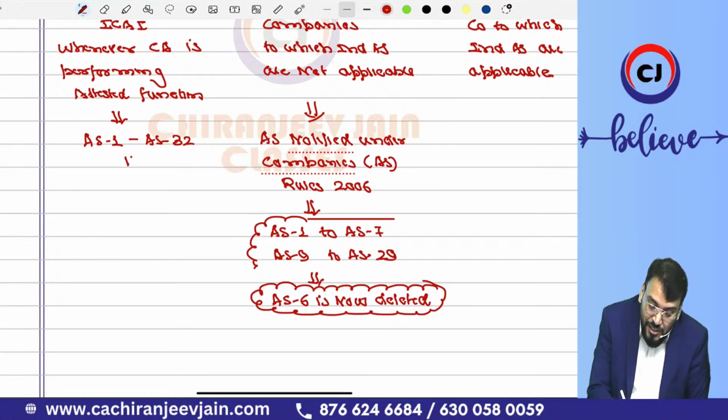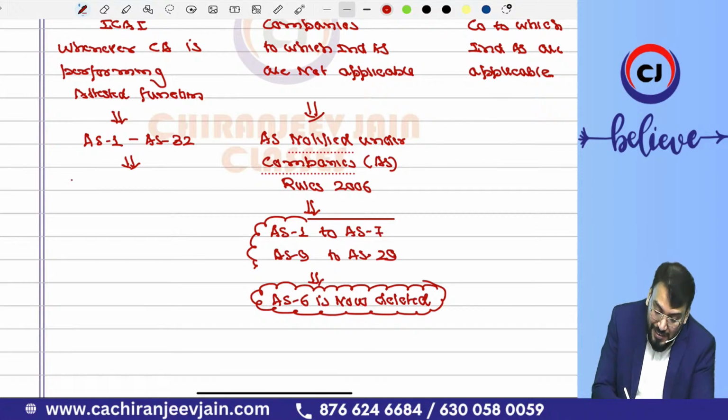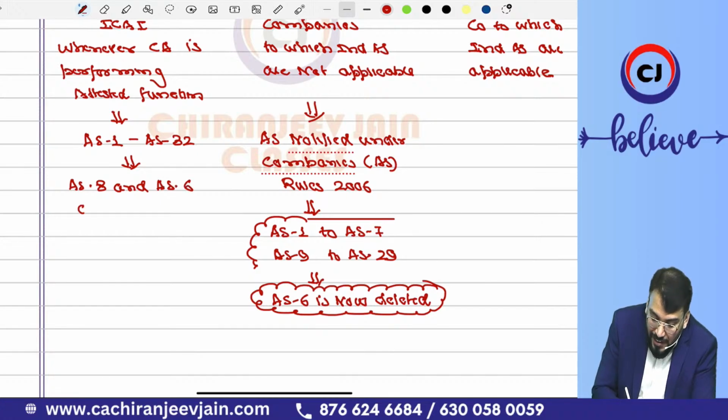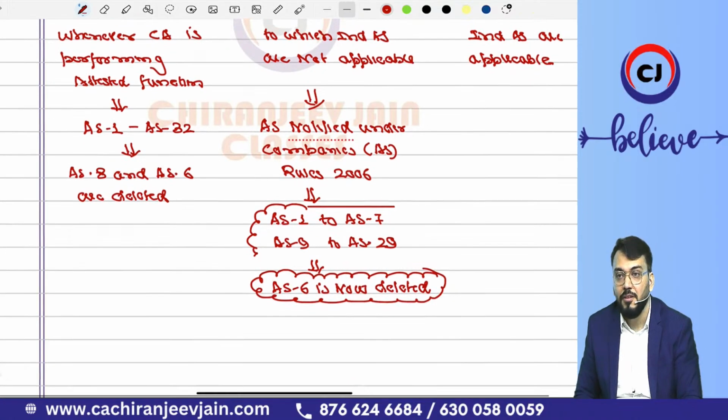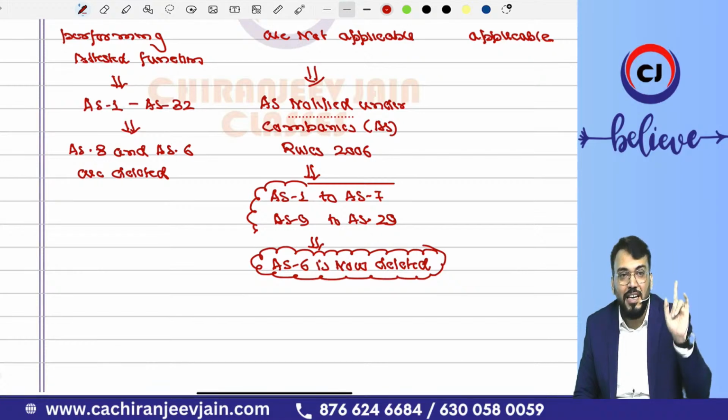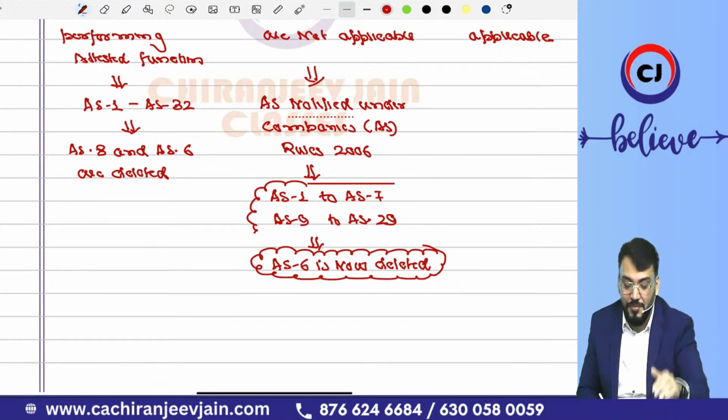Now, out of this AS1 to AS32, AS6 and AS8 are deleted.